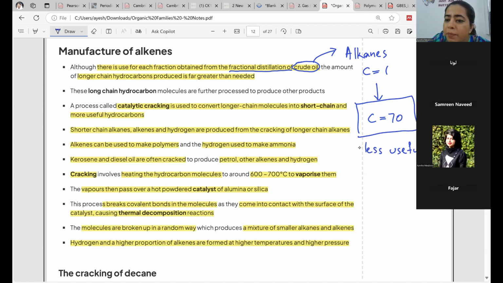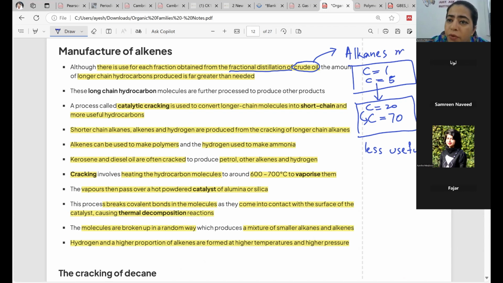So carbon number like maybe 20 onward till 70, or in other words, the hydrocarbons or alkanes which have more carbon atoms or longer chains of carbon, they are less useful. And alkanes which have fewer carbons, like carbon 1, 2, 3, 4, 5, basically, they are more useful.